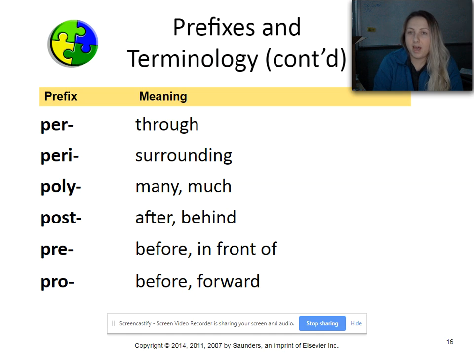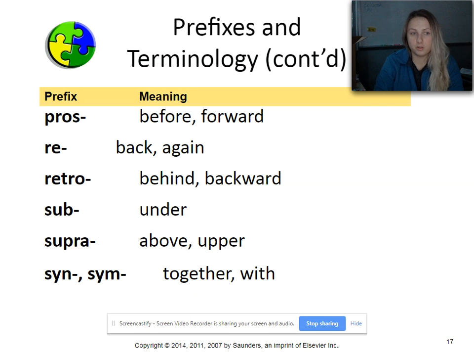Post is after or behind, like your posterior, your derriere, your rear. Pre is before or in front of. Pro is before or forward, like prognosis is before knowledge, right? Like a diagnosis is after they already have the knowledge, they've already done diagnostics, and they get the diagnosis from the diagnostics. Pros is before or forward.